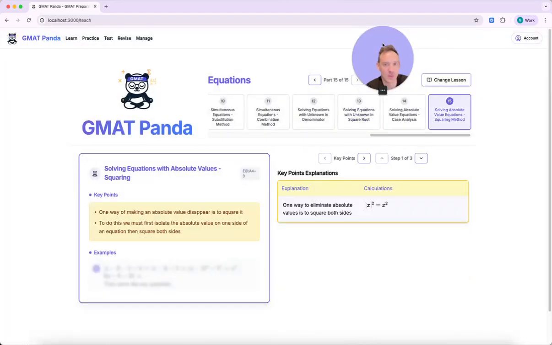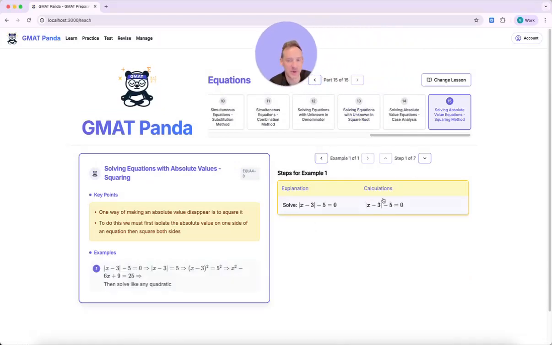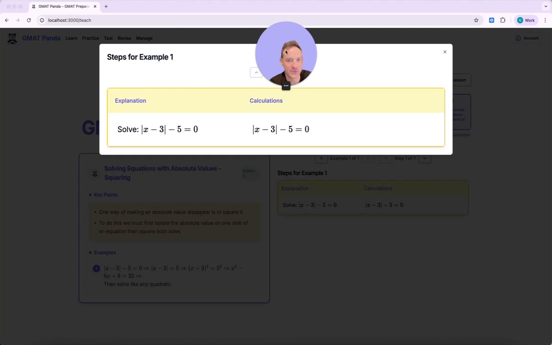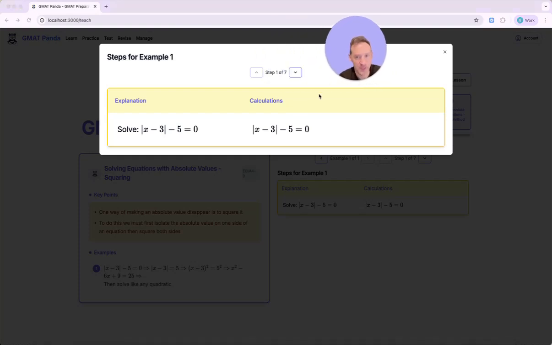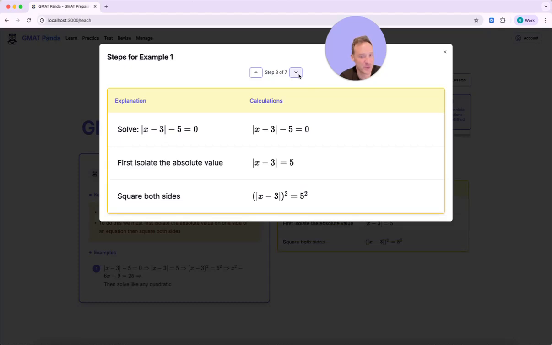Now, the last case we want to do is the case of absolute values. And again, similar principle, we want to isolate it, and then we want to square things. So in this case, we move the 5 over to the right, we square both sides, and squaring an absolute value actually gets rid of it.